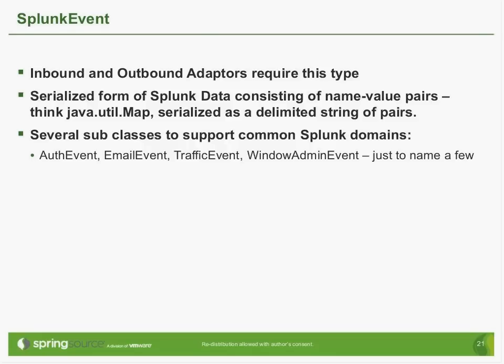In addition to that, Splunk has provided various specialized types that are commonly used with Splunk, mostly in the ops world. Things Splunk is commonly used for are, say, auth events, which are used for security monitoring, email events for monitoring email traffic, events for general network traffic, Windows admin events, things like that. If you're doing that sort of thing in your application, then we have specialized Splunk event types.